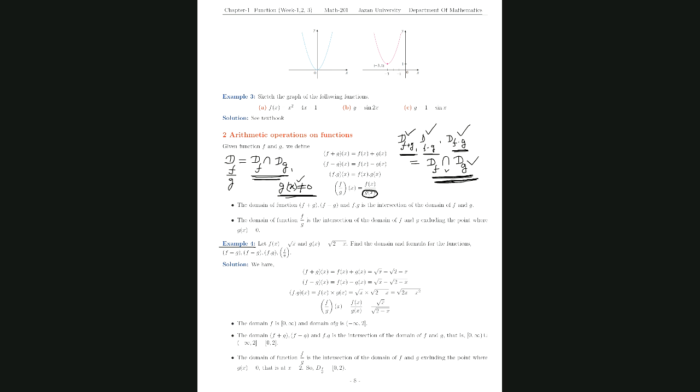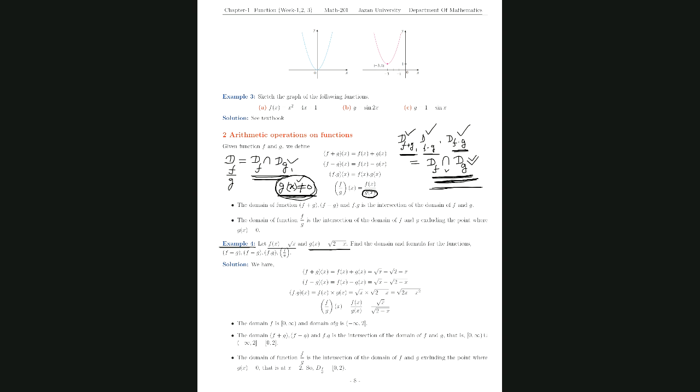This is the difference. Let me solve this question. Let f(x) equal square root of x and g(x) equal square root of 2 minus x. The three domains are the same: f plus g, f minus g, f times g. Only f over g is different, because the denominator must not be zero. The rule is the same, but the denominator must not be zero.